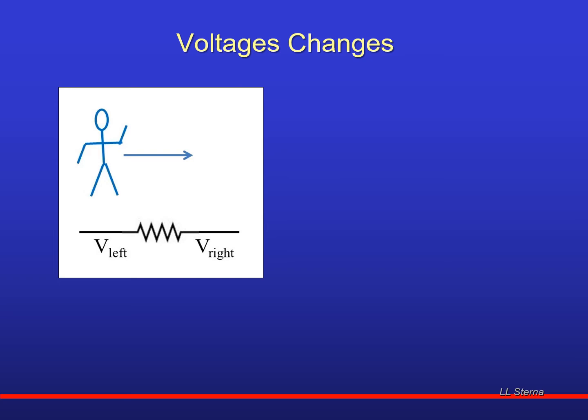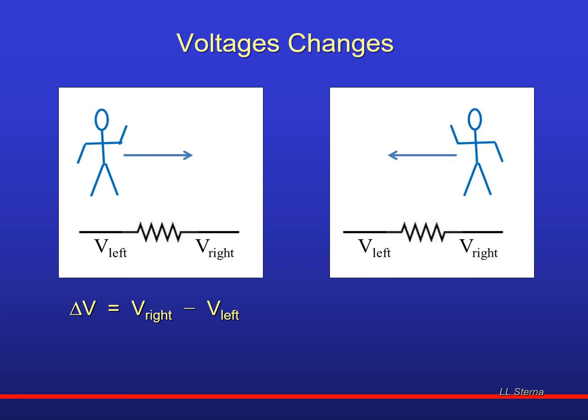There's a resistor. There's a potential on the left side of the resistor, and a different potential on the other side if a current is flowing through it. Delta V, if you're going from left to right, is going to be the potential at the right minus the potential at the left. In other words, it's the later one, the one you come to later, minus the one where you started.